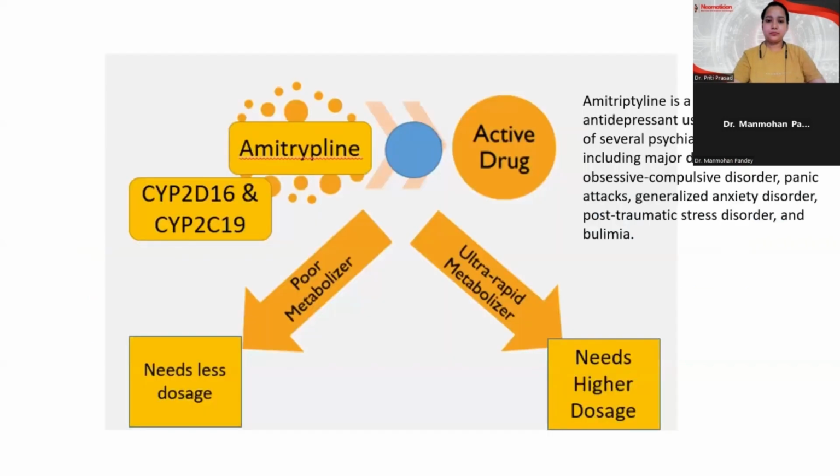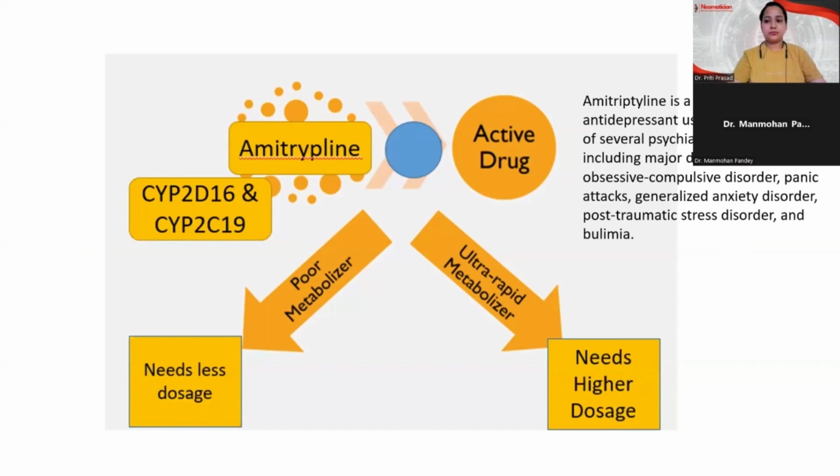Next, please. There is a drug called amitriptyline, for which we have two genes, CYP2D6 and CYP2C19. If any variation either halts or decreases the activity of the protein, the person will be a poor metabolizer, and we need lower doses.